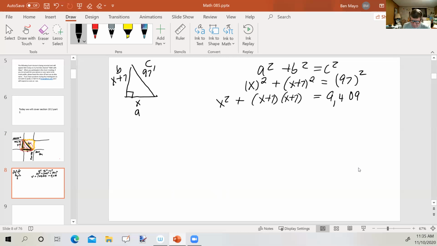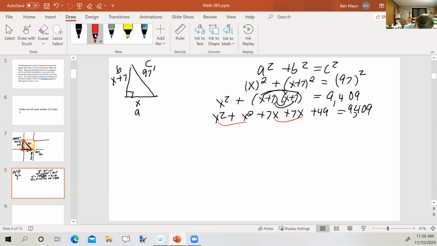Okay, continuing, X squared plus, I'm going to FOIL, X squared plus 7x plus 7x plus 49 equals 9,409. Combining like terms, we get 2x squared plus 14x plus 49 equals 9,409.